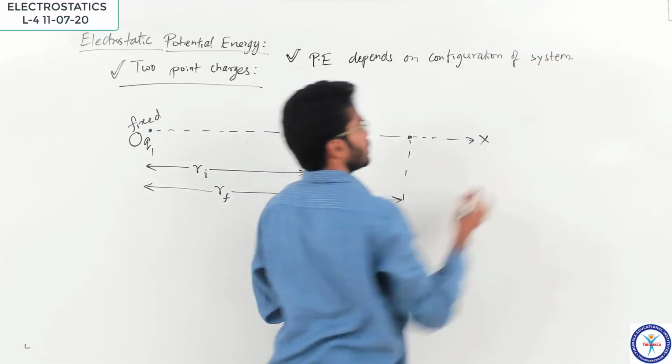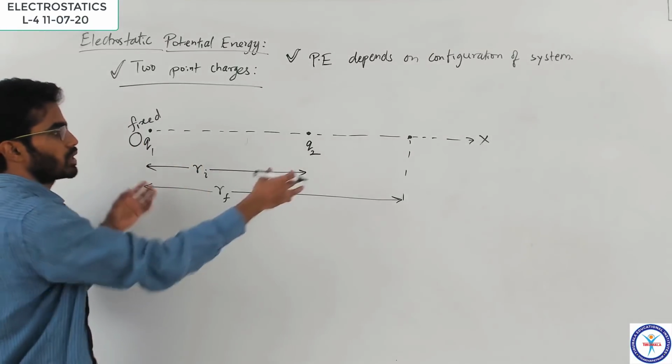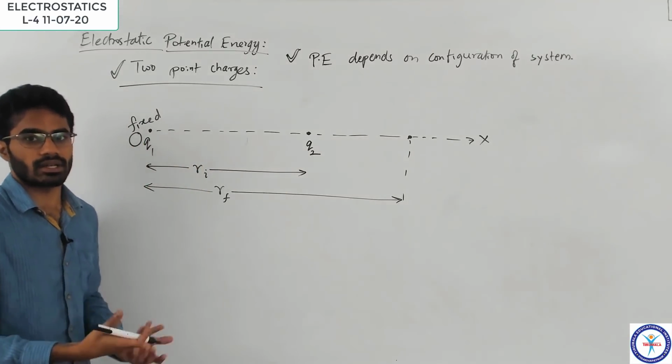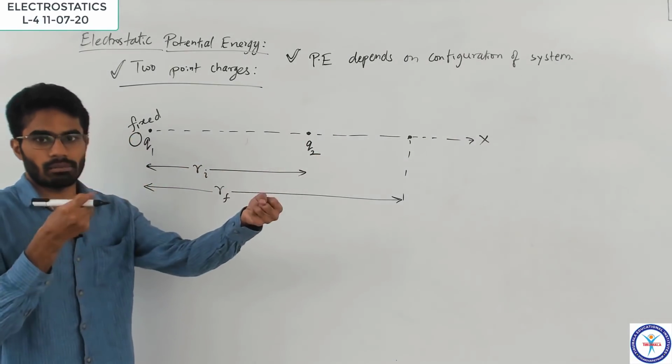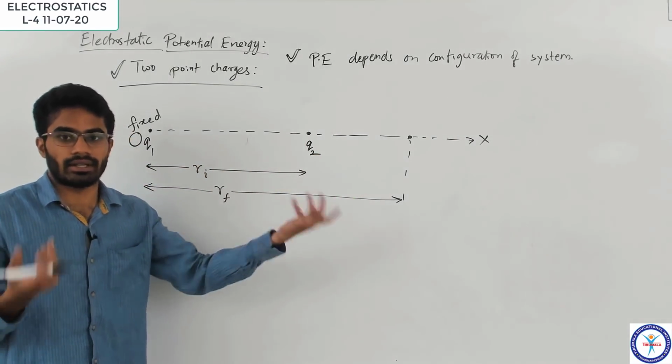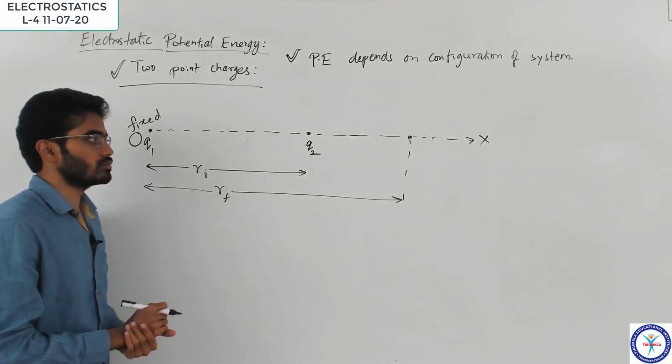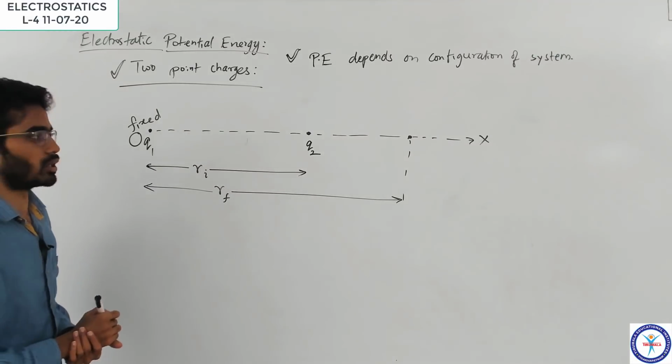Configuration means how the system is arranged, what are the separations, what is the orientation, etc. So if you have changed the configuration, initially they are some distance apart, now they are another distance apart, far away, it's possible that there is a change in potential energy.